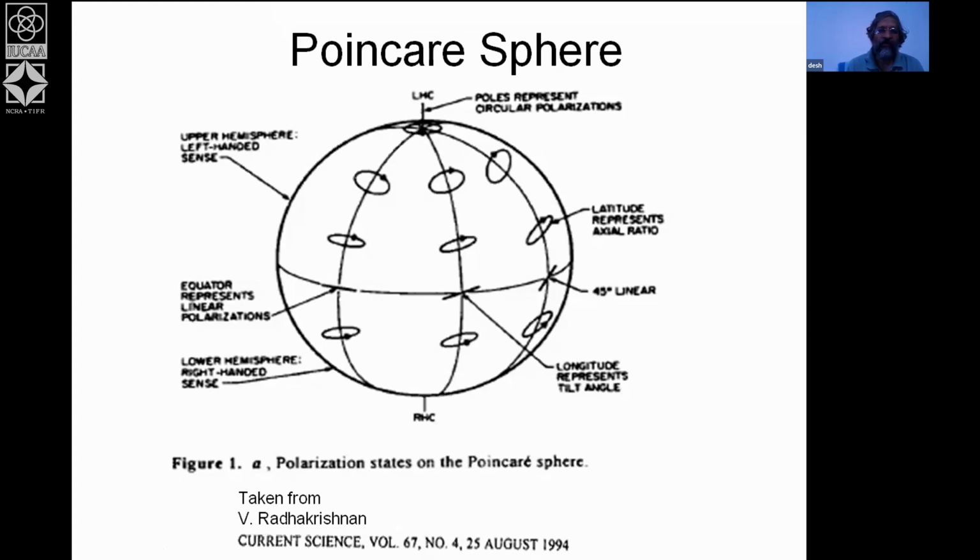This is very useful to begin to see, if we were to have two polarization states and see their superposition, or if we were to rotate certain aspects, for example the orientation of the linear polarization, where we would be, and so on and so forth.